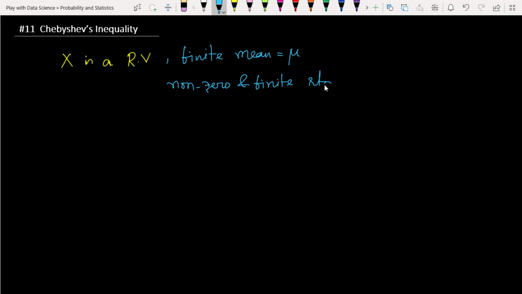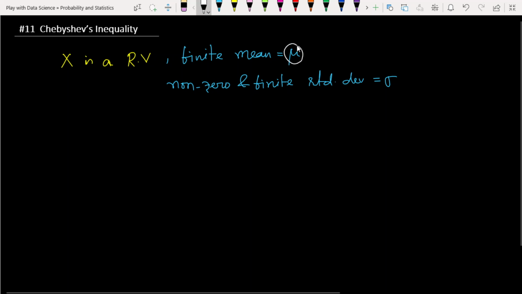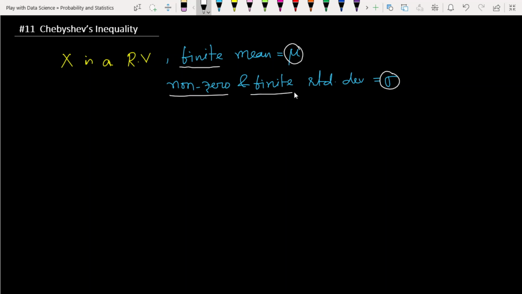Let's take it as sigma. So the main thing we have to remember is that the mean is finite, and the standard deviation is sigma, which is non-zero and also finite. Those are the two things we have to remember.